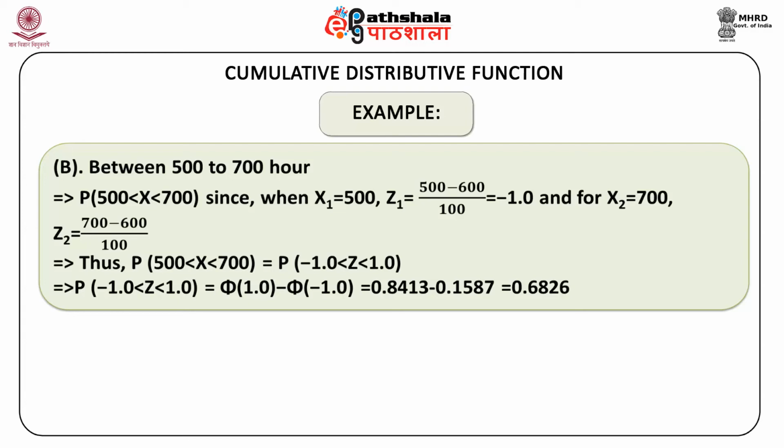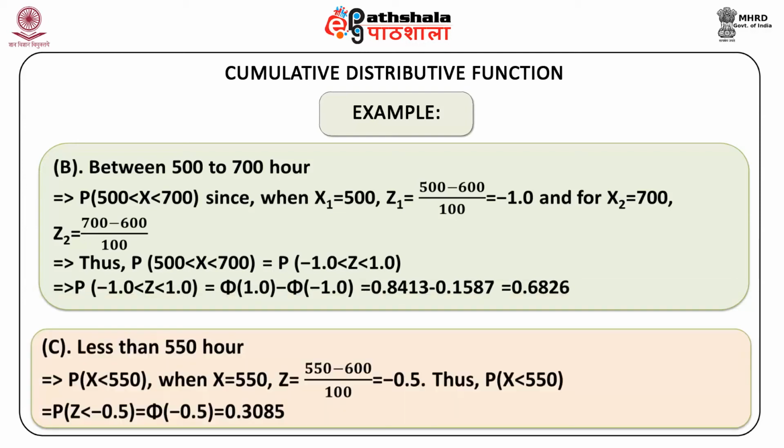This also confirms the property of the normal distribution that mu plus or minus 1 sigma covers approximately 68.27% of the total observations.